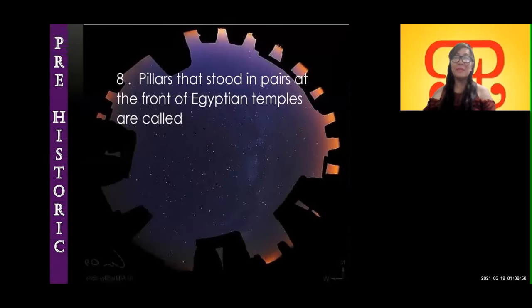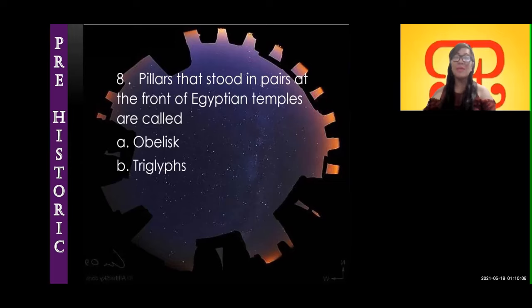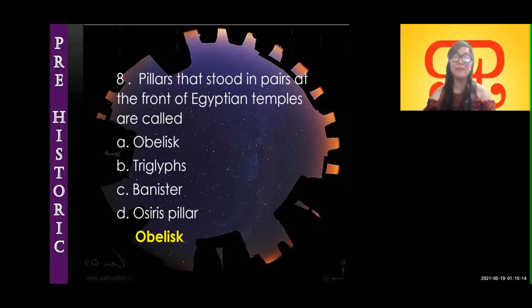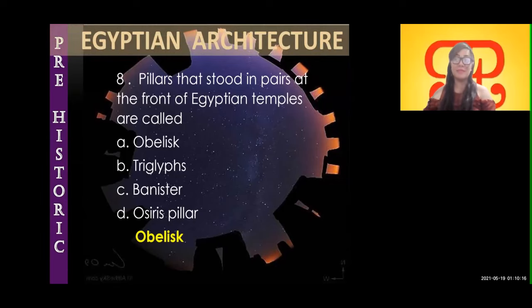Number 8, pillars that stood in pairs in front of Egyptian temples. They are known as, is it A, obelisk? Is it B, triglyphs? Or is it C, banister? Or is it D, Osiris pillars? The answer here is obelisk.